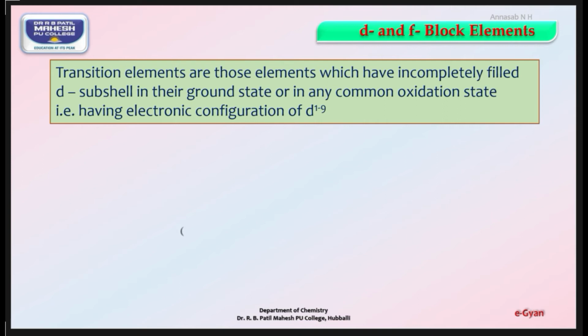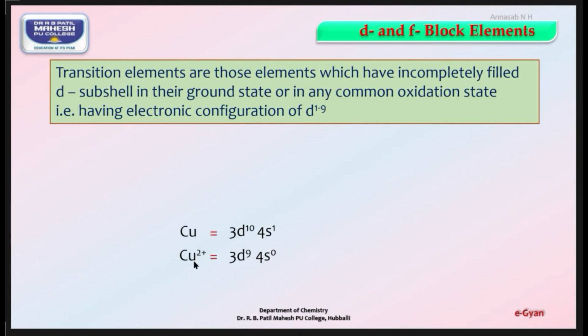For example, copper has an electronic configuration of 3d10 4s1, where the d orbital is completely filled with 10 electrons, whereas copper 2 plus has an electronic configuration of 3d9 4s0, where the d orbital is incompletely filled. So instead of 10 electrons, there are now 9 electrons. So copper 2 plus is known as a transition element.